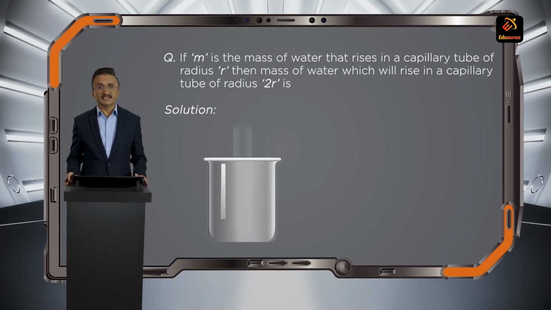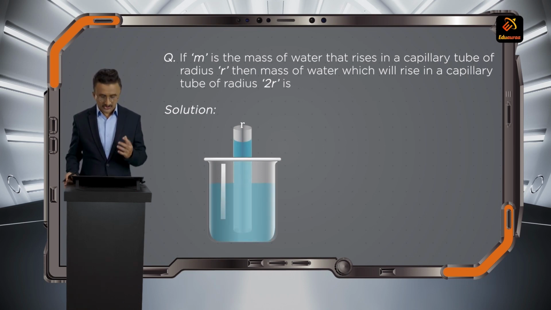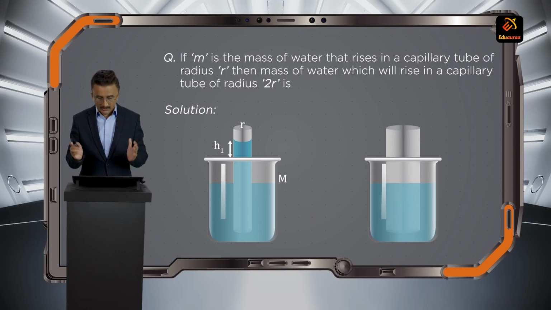In the first case, we have the capillary tube of radius small r. So water rises up to a certain height, suppose H1. And the mass of this is M. In the second case, the radius is doubled.